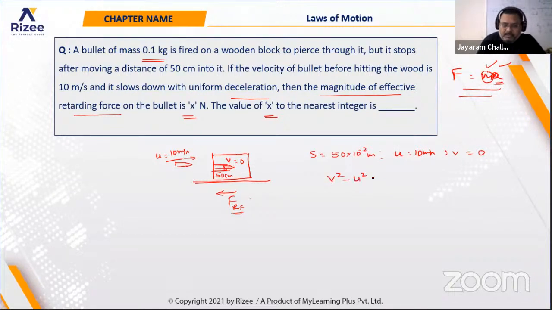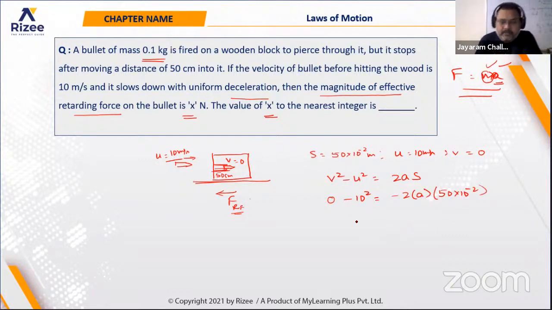V square minus u square is equal to 2as. V is equal to 0, so 0 minus 10 square is equal to minus a, since it's retarding, the acceleration will be negative, into the displacement 50 into 10 to the power of minus 2.